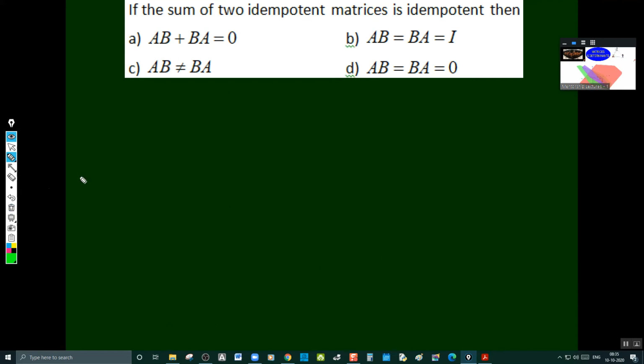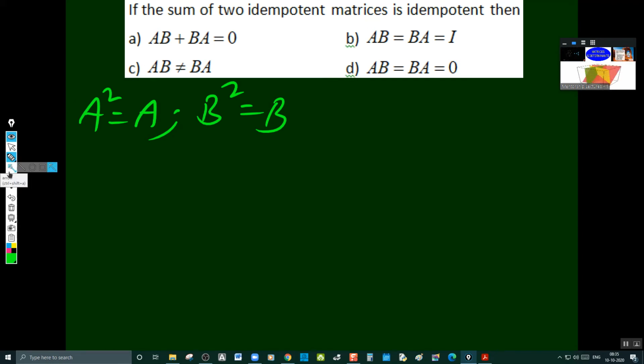So let us understand now, if the sum of two idempotent matrices is idempotent, that means A square is equal to A, B square is equal to B, which is already given because he mentioned that they are two idempotent matrices.